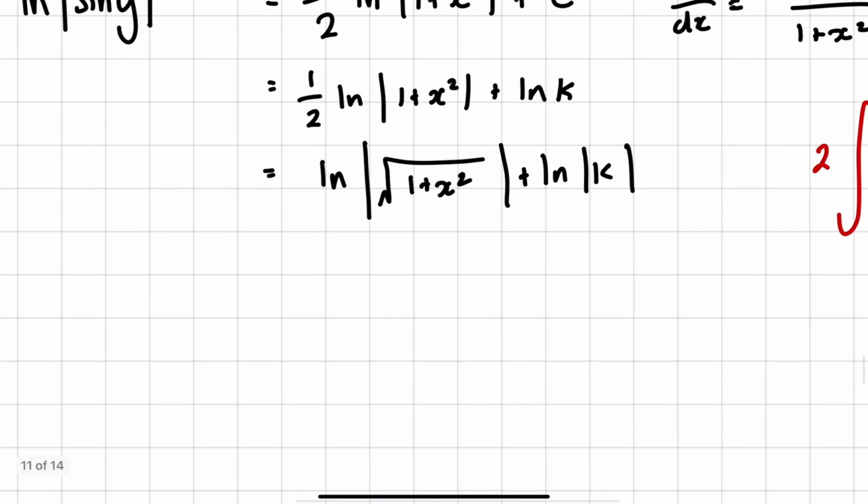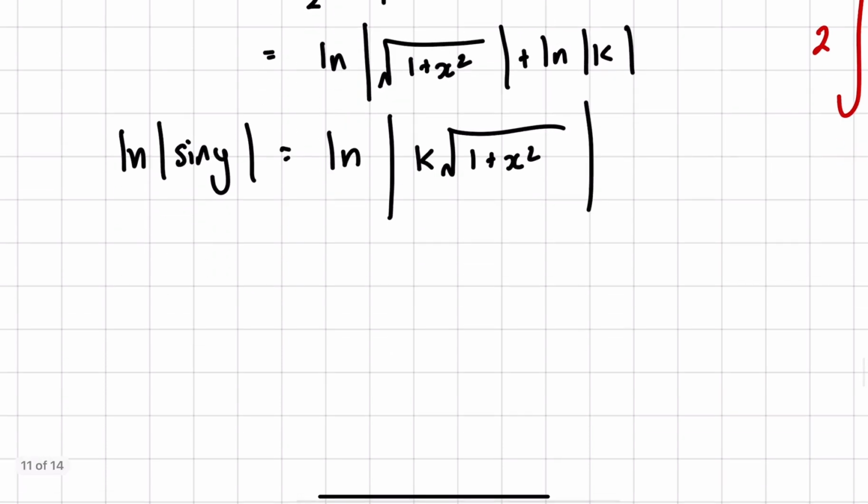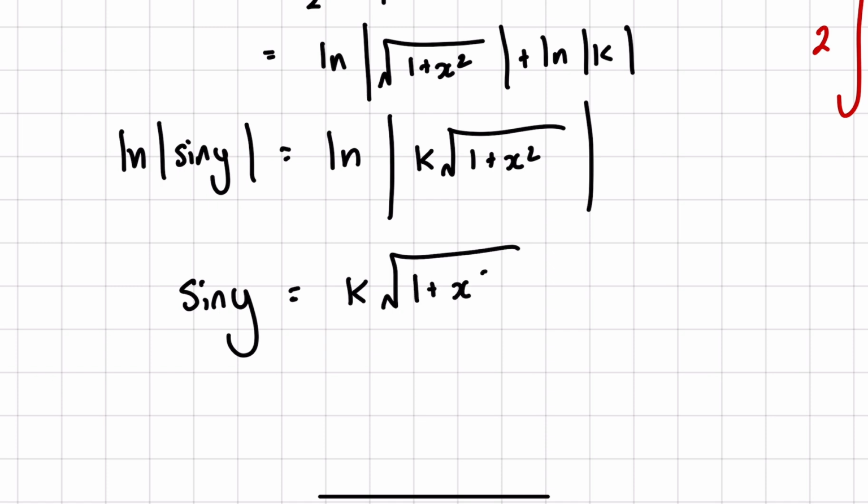Now we're adding them, so they're going to multiply by each other. So I'm going to bring this back down. Natural log sine of y equals natural log k multiplied by the square root of 1 plus x squared. And now we can just see they match up really nicely. So sine of y equals k multiplied by the root of 1 plus x squared.